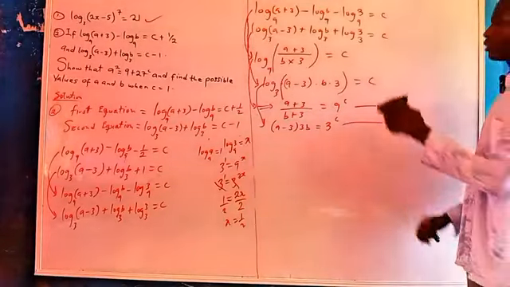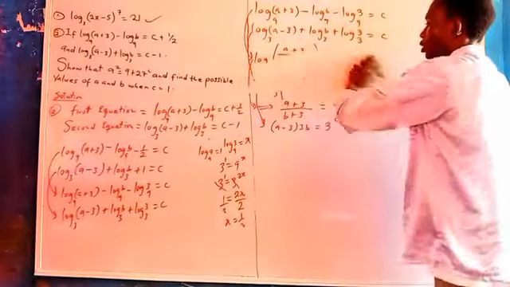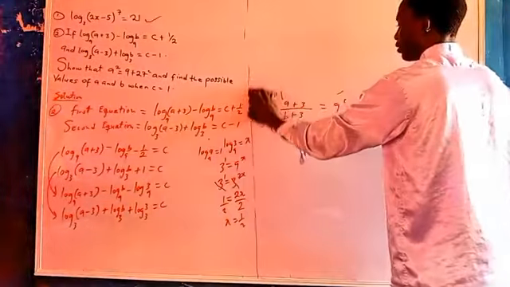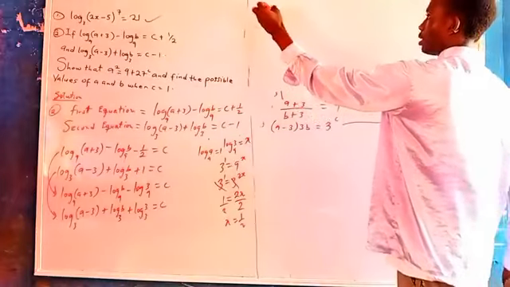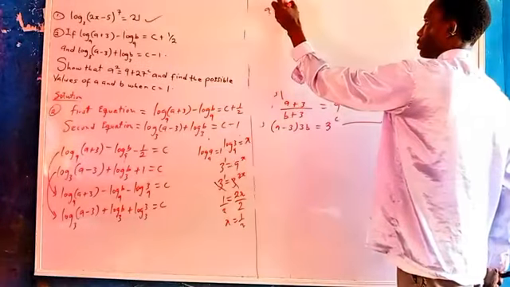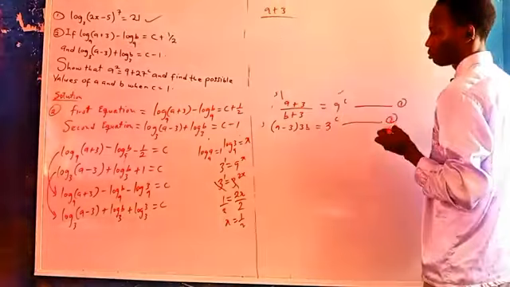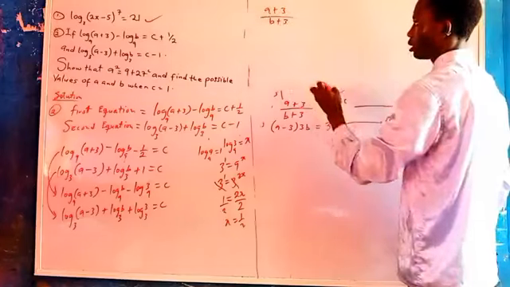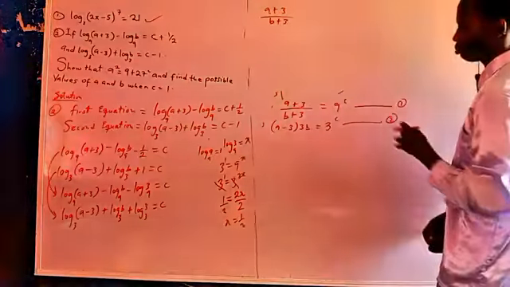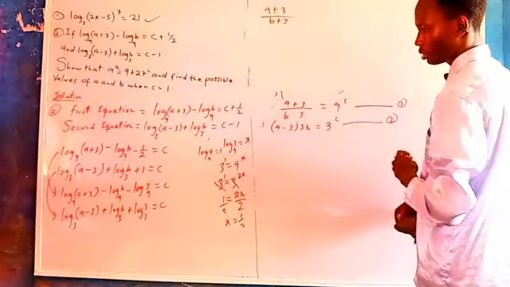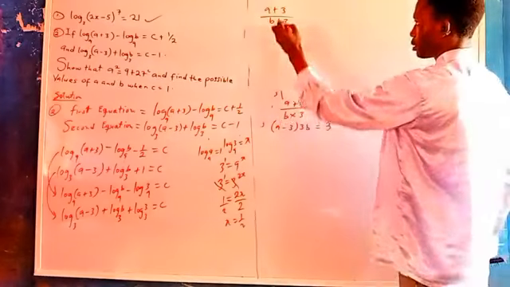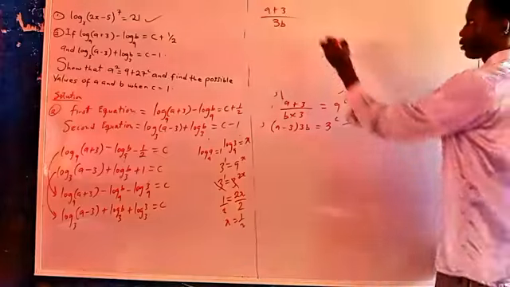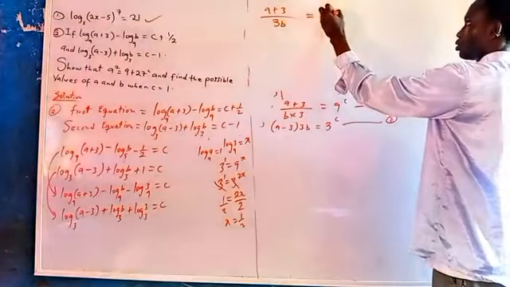Now let me clean all this. I'm getting closer to the destination. Let me rewrite this: (a plus 3) over b multiplied by 3, which is 3b, equals 9 to the power of c.